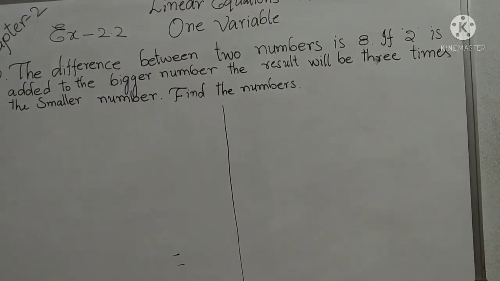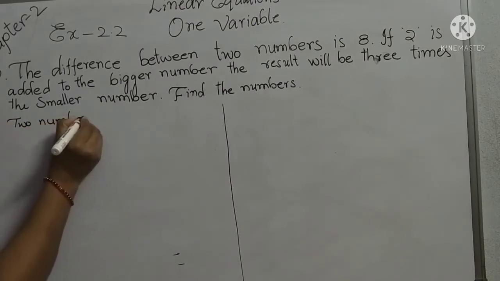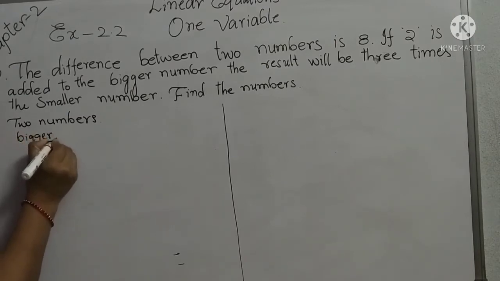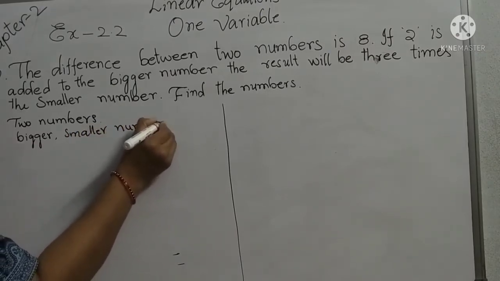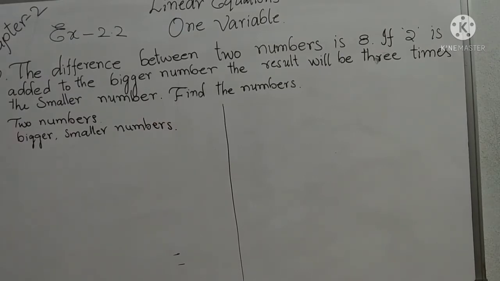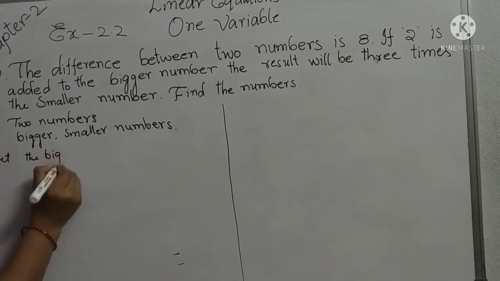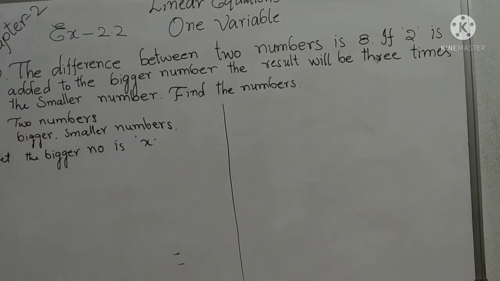There are two numbers, one bigger and one smaller. Let us take the bigger number as x.